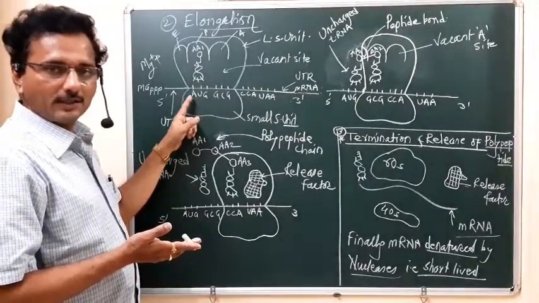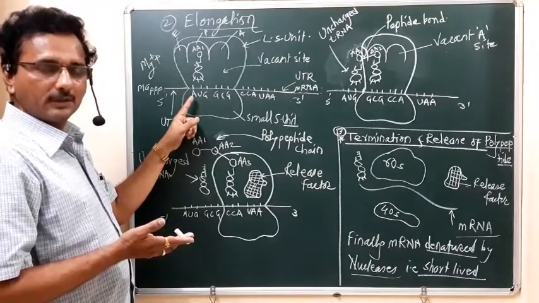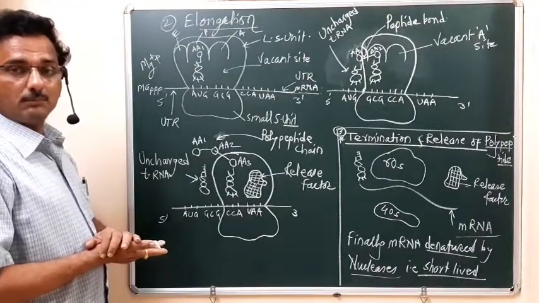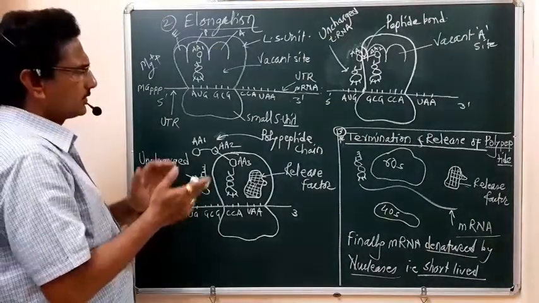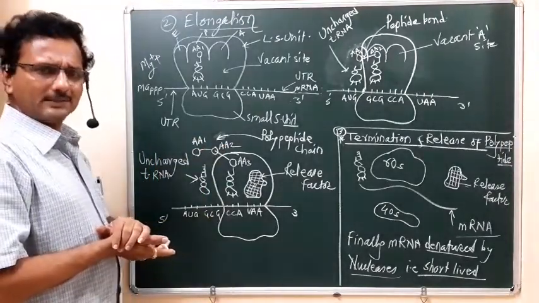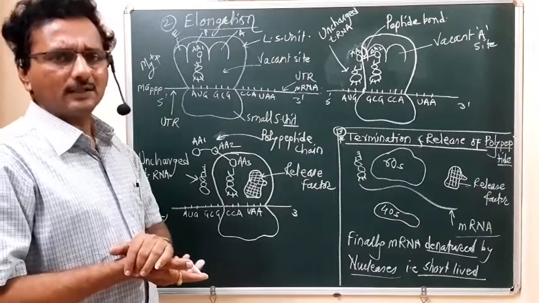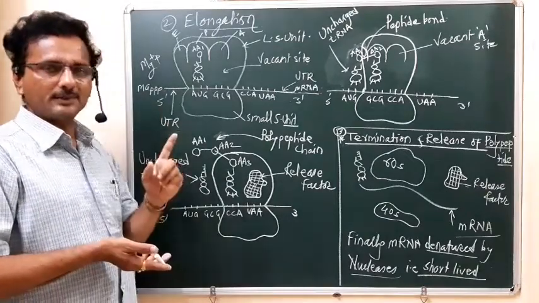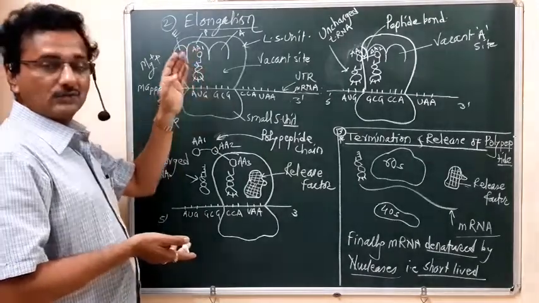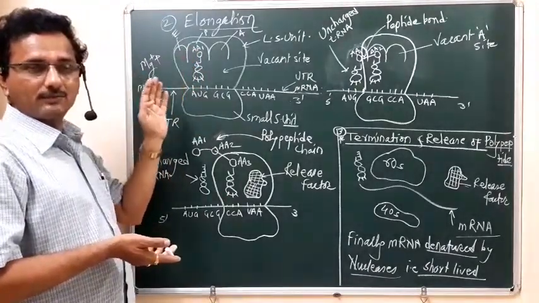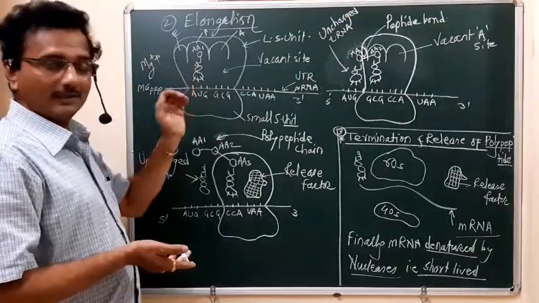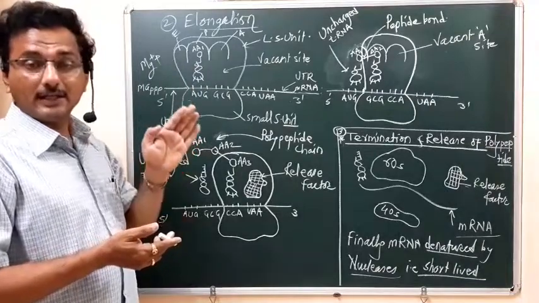In eukaryotes it carries methionine, and in prokaryotes it carries formyl methionine. So instead of naming the particular amino acid, we represent it as AA1, meaning the first amino acid received, and for convenience the second amino acid we call AA2, and so on.